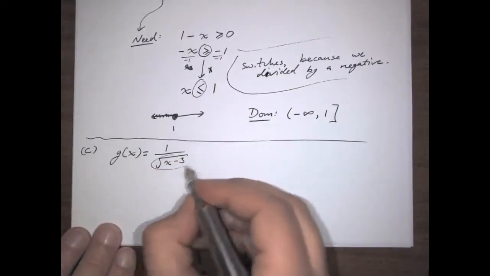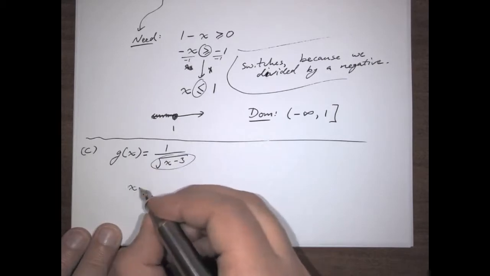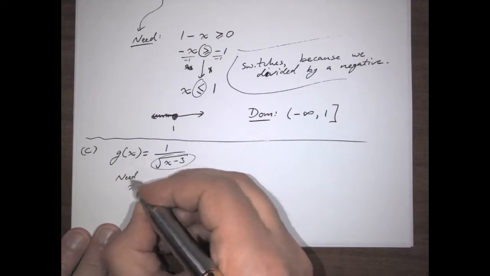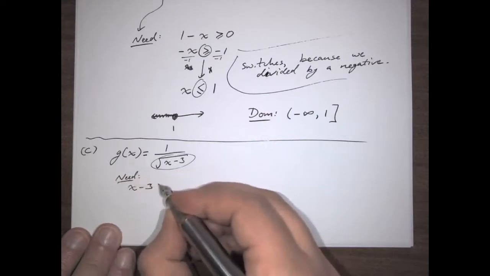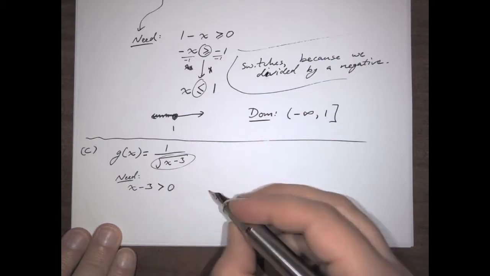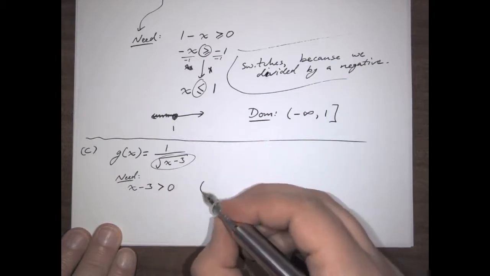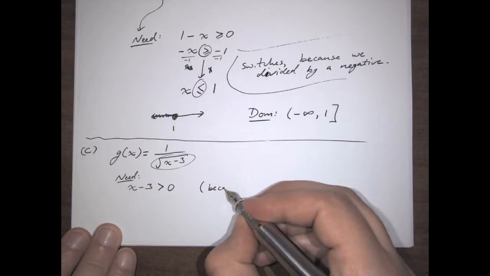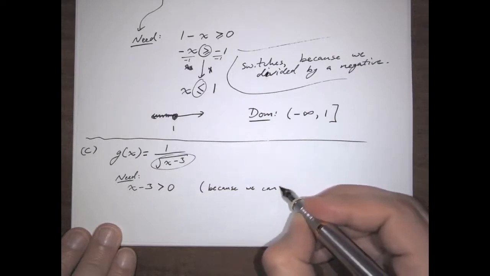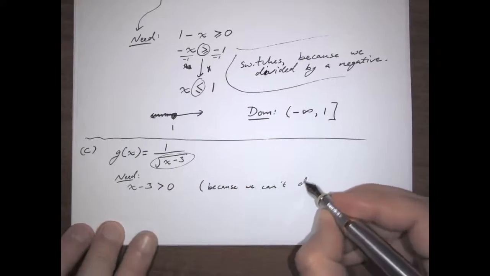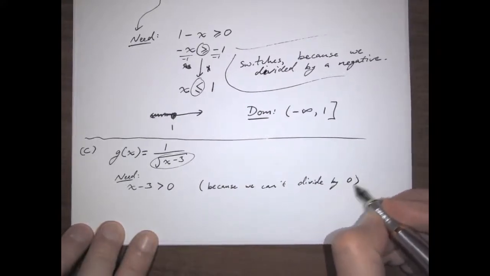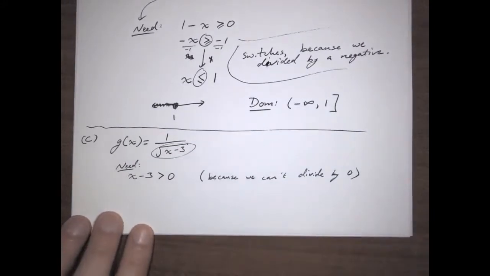So what we need here is x minus 3 to be not just greater than or equal to 0, but straight up greater than 0, because we can't divide by 0.